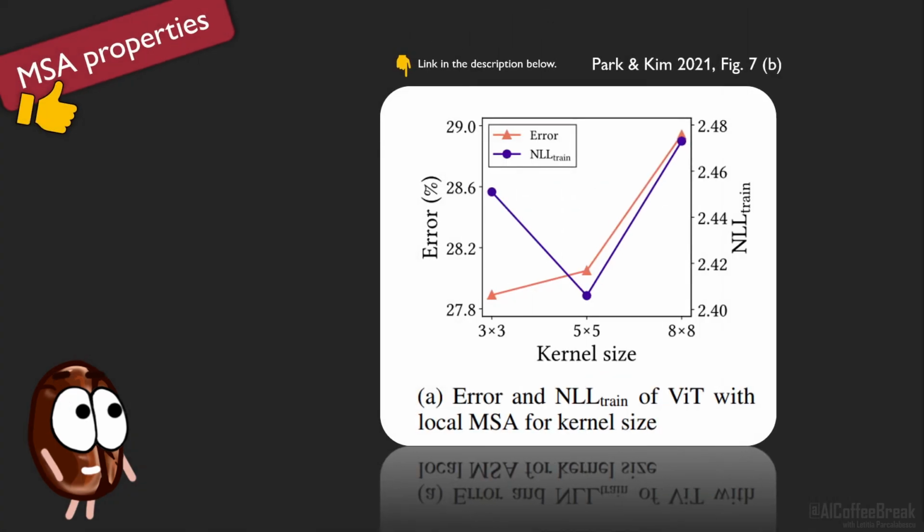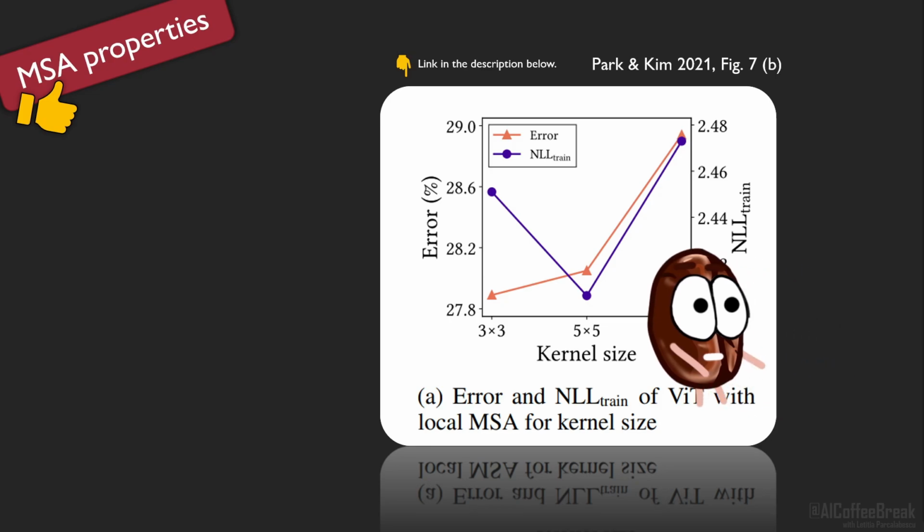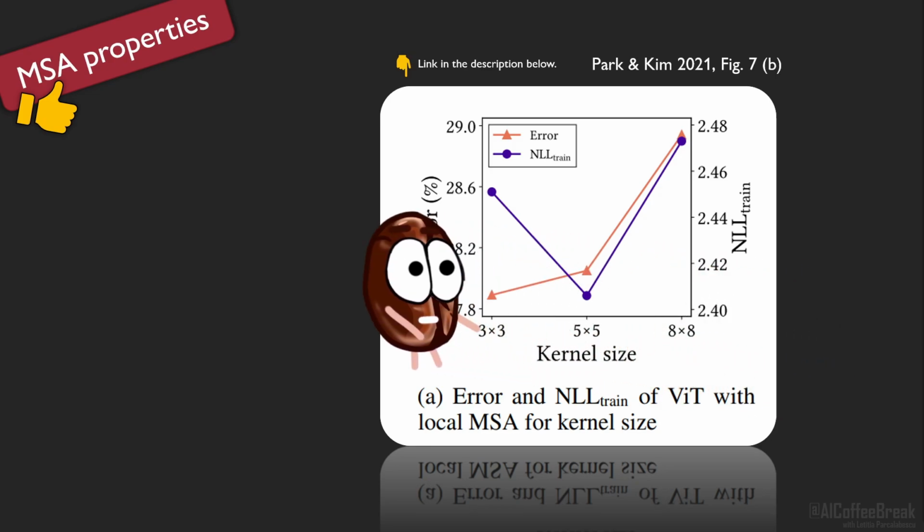Also interesting, but not surprising after we have learned about Swin transformers and ConvNets, is that not the huge context window of MSA is the recipe to success, but a reduction of the degrees of freedom by limiting MSA to very small windows. We see in this picture how the lowest test error is achieved with a 3x3 window size for MSA.